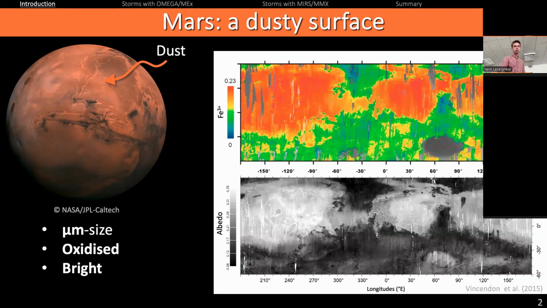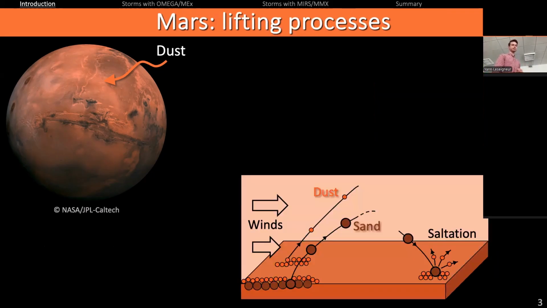And this dust is also bright, as you can see on this albedo map of the surface. There is a good correlation between the orange, so the very oxidized surface, and the brighter surface. So as a summary, the Martian dust is mineral particles, micrometer size, oxidized and bright.